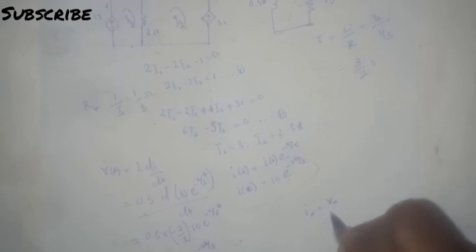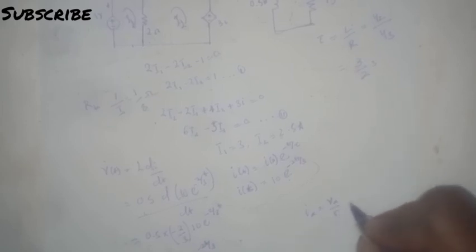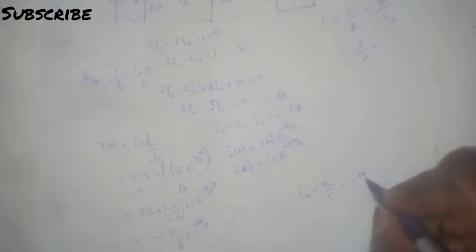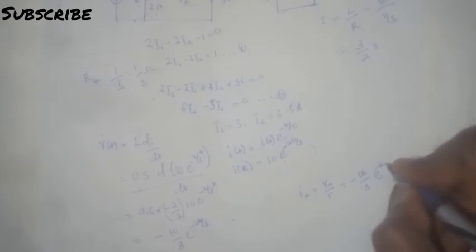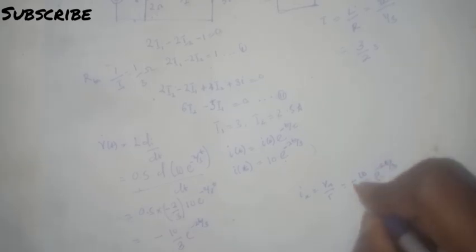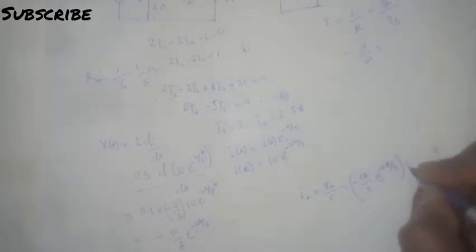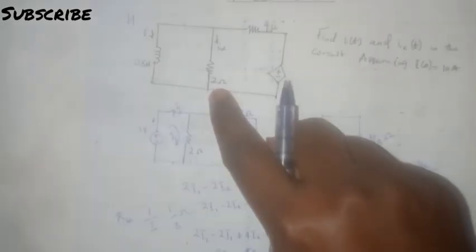So we know that ix is going to be equal to vx over R, and this is the value of vx here, so that is going to be minus 10 over 3 e raised to power minus 2t over 3 divided by, what's the resistance? That is 2.